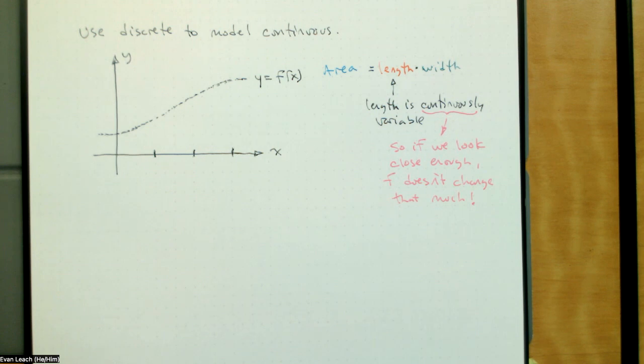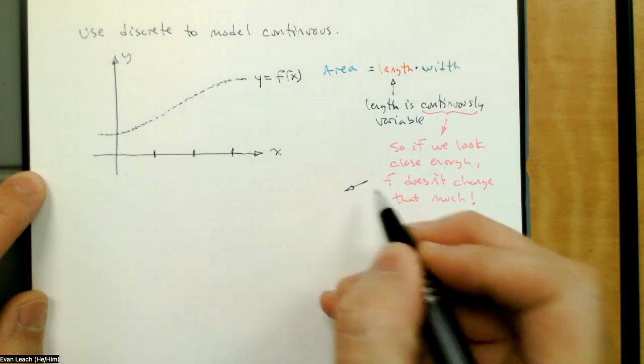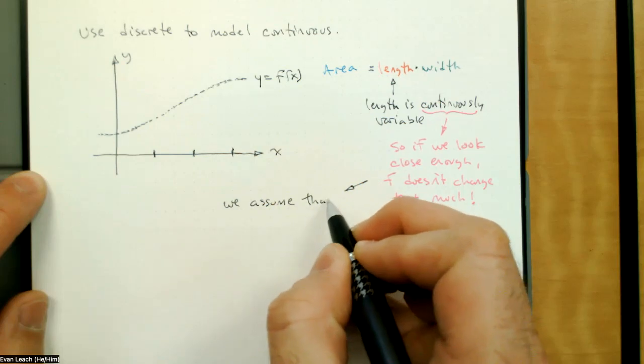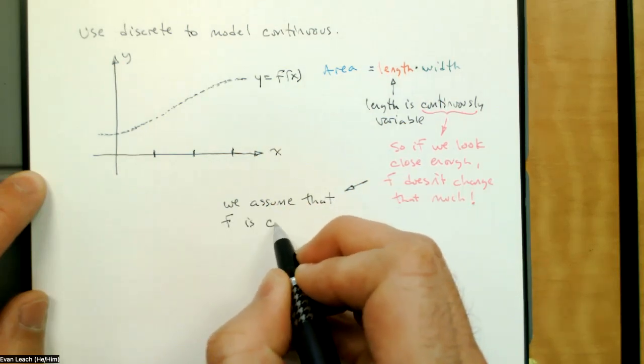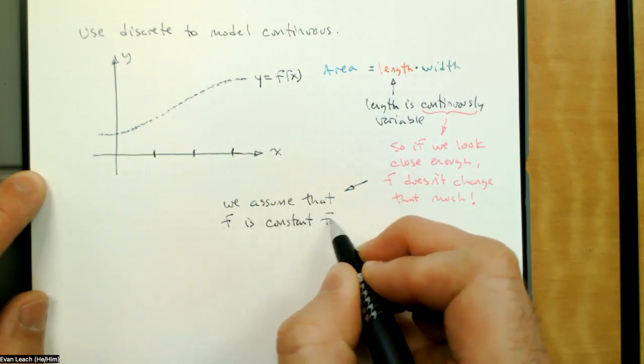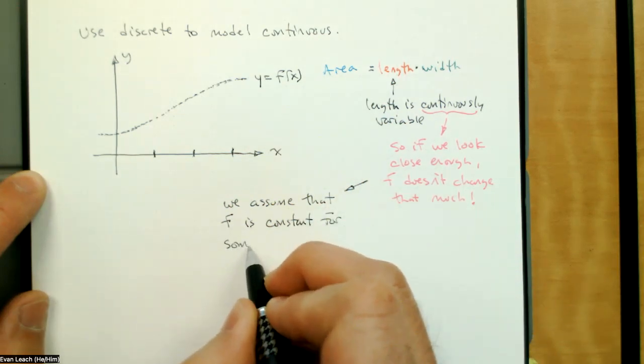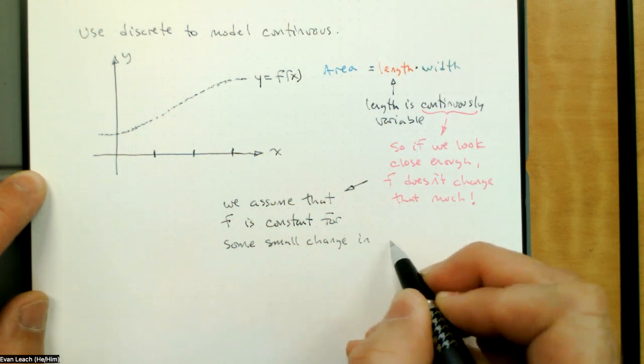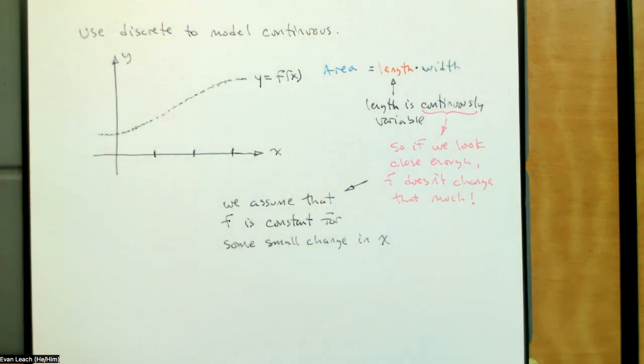So that's what we're going to do. We're going to use the fact that if we look close enough, the function isn't going to change that much. We're going to make an assumption that the function is constant on intervals so that we can multiply. We're going to assume that f is constant for some small change in x.